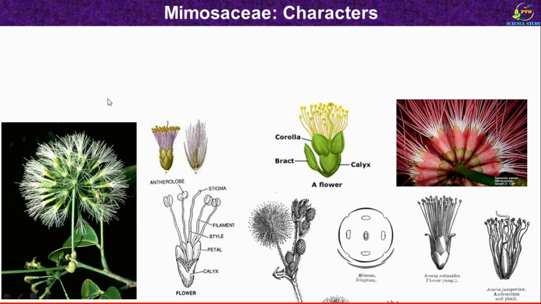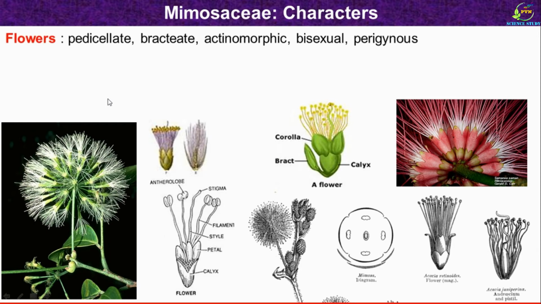First of all, we will see flower. As you can see here, flower contains short pedicel and so described as pedicellate. At base, it also contains bract and so described as bracteate.